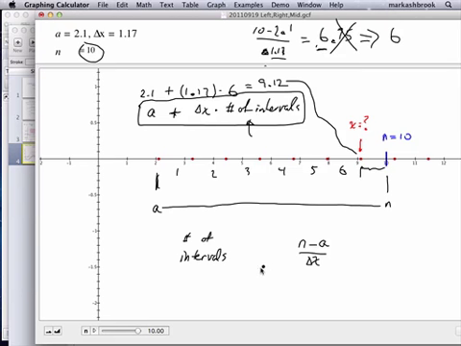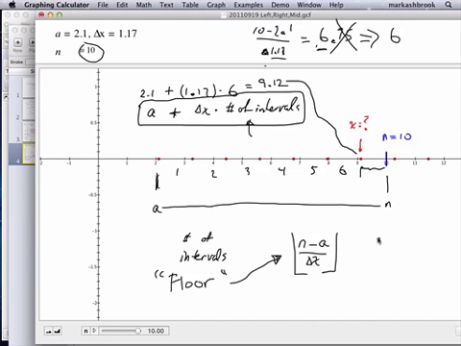So what we can do, this is called a floor function. It takes whatever number you put into it, and it gives you the next lowest whole number. And we denote that this way, you put bars, like for floor, like that. So this will calculate the number of intervals from a all the way to n, but we don't want it all the way to n. We want it just to the left side of that interval. So we chop off the decimal and make it the next lowest whole number.